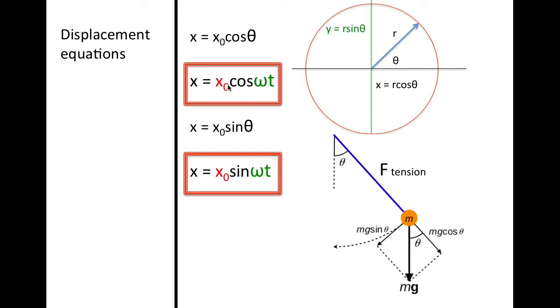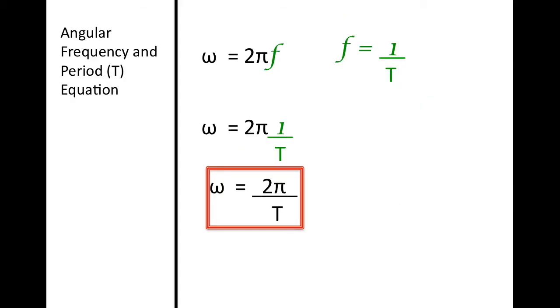In the equations in your data booklet, they are all showing x only as the variable. Because both the x sub 0 and y sub 0 are equal to the radius, they are the same, you can use both variables interchangeably. From our circular motion unit, we learned that omega was called angular speed.